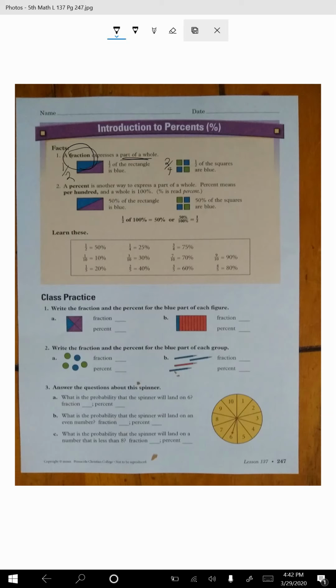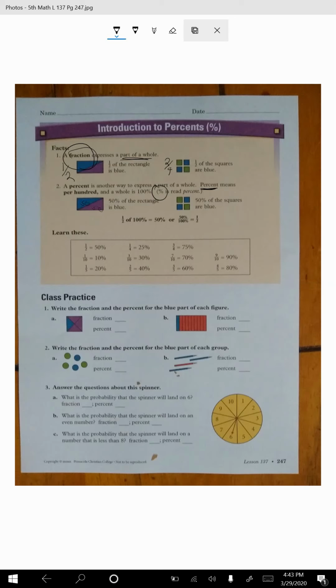So percent is just another way to express a fraction. Percent means per 100. And it is this symbol right here that we use. So in our little rectangle over here, we have 1/2. 1/2 is 50%, because 50 and 50 would make 100.